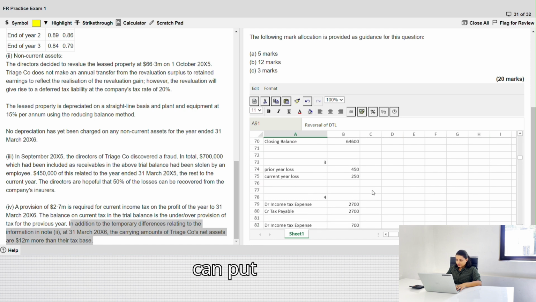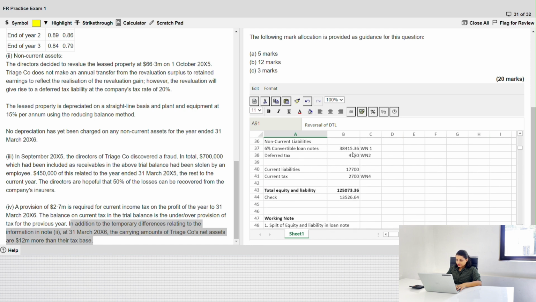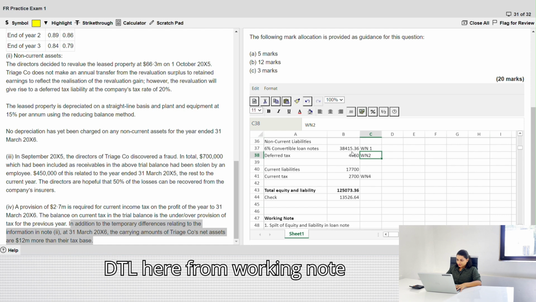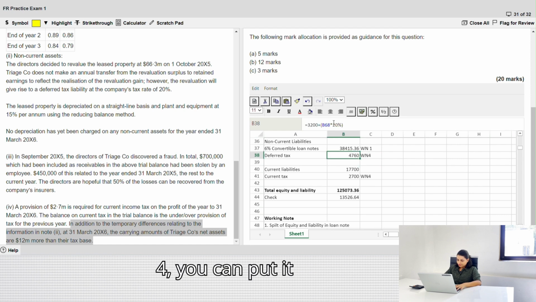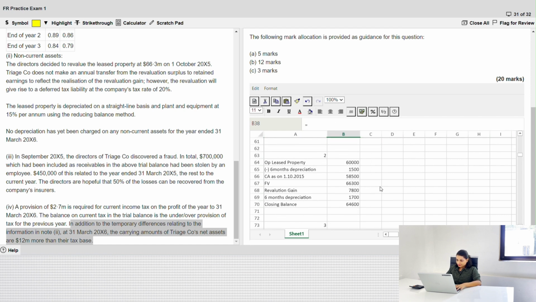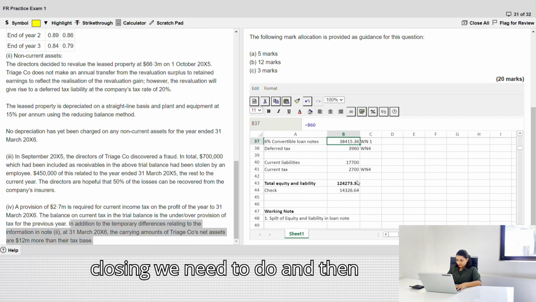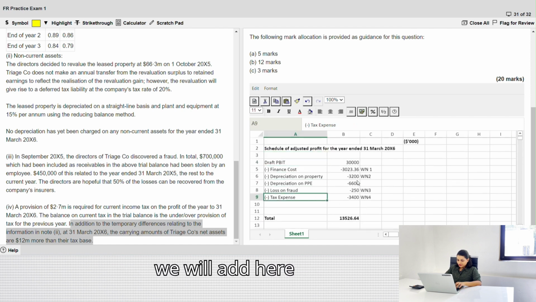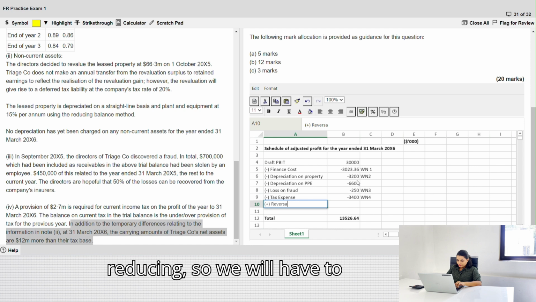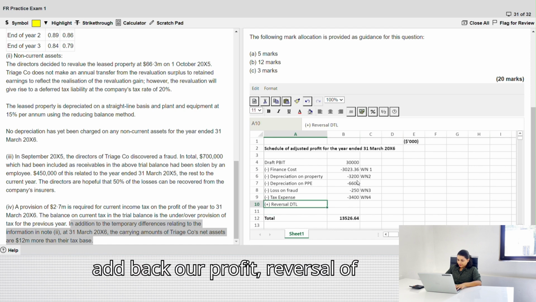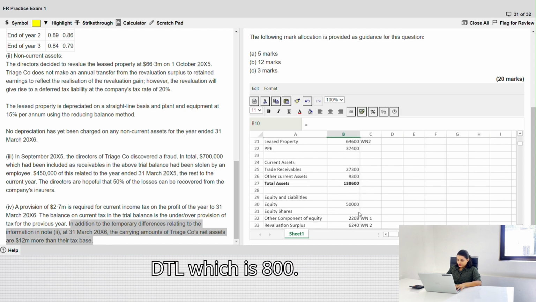So simply you can put DTL here from working note 4. Closing we need to do, and then we will add here the reversal. Liability is reducing, so we will have to add back to our profit the reversal of DTL, which is 800.